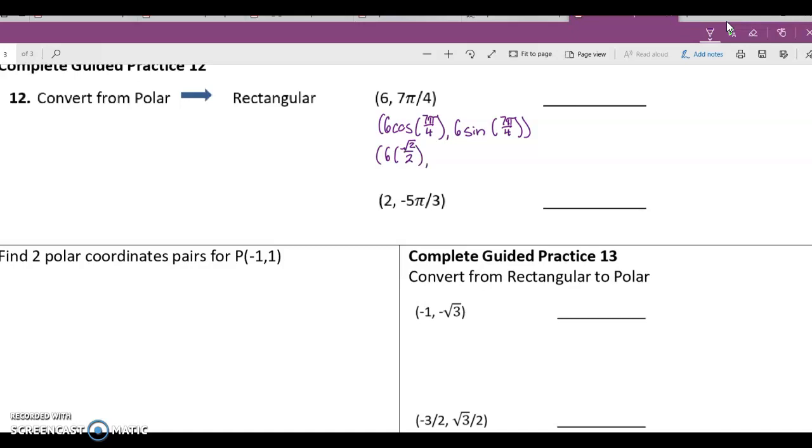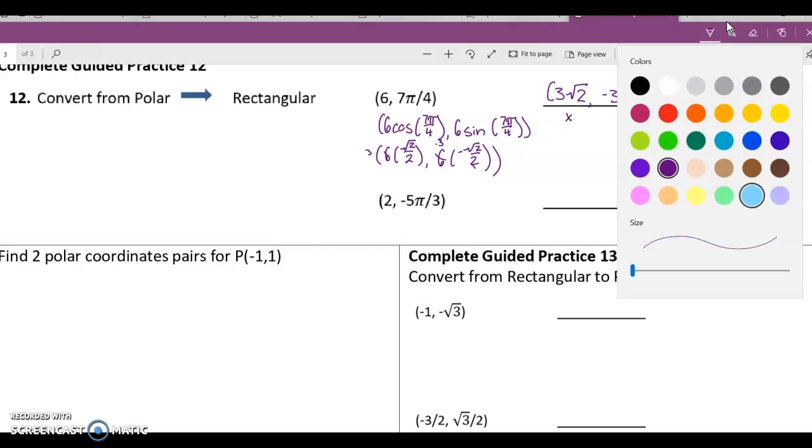And then the sine of 7 pi over 4 is negative root 2 over 2. So we have 6 times negative root 2 over 2. Simplifying this down, we can cancel this, get a 3, cancel this, get a 3, negative 3, because this is negative. So our final answer is going to be 3 square root of 2, comma, negative 3 square root of 2. So this is my x and my y.